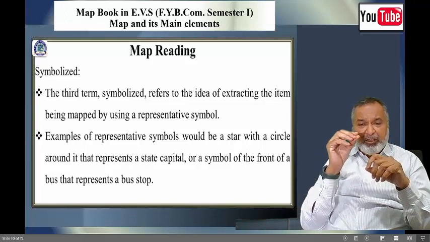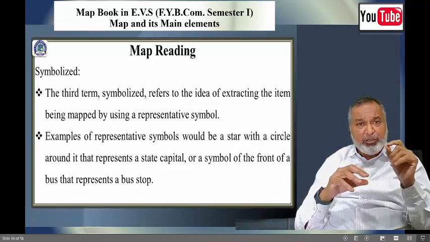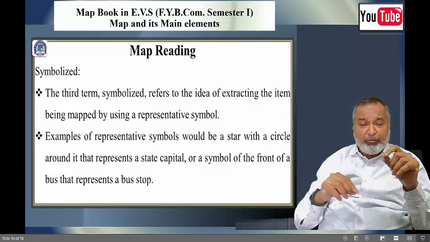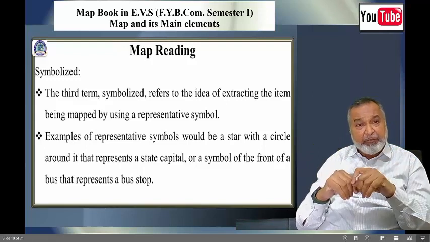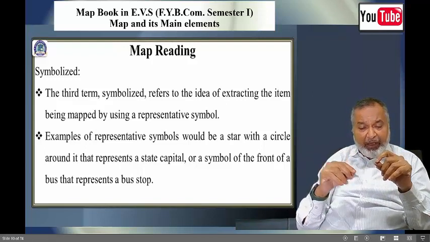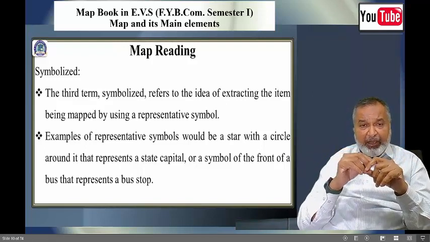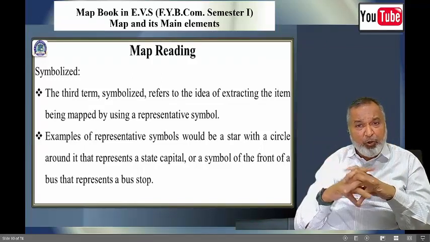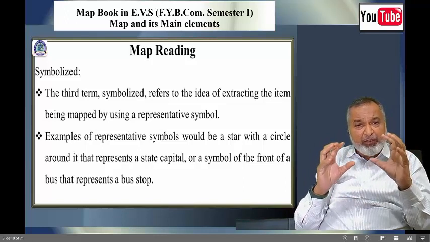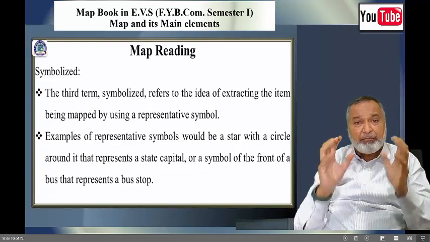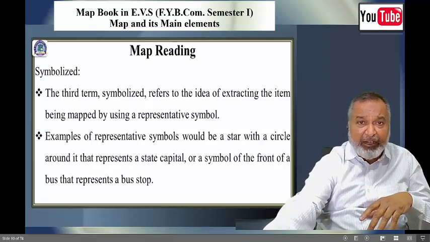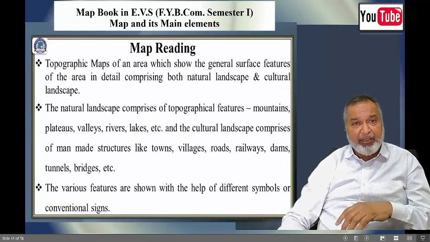So we will have some symbols, and with that symbol we can recognize that these are the airports in this particular vicinity. Similarly, where we have the Air Force stations, where we have the Navy's establishments, everything will be shown in that particular map with some symbols. These symbols are very, very important, and that is called a symbolized map.